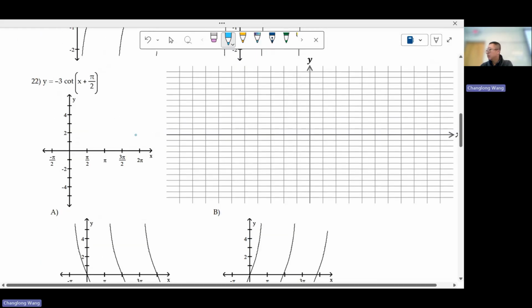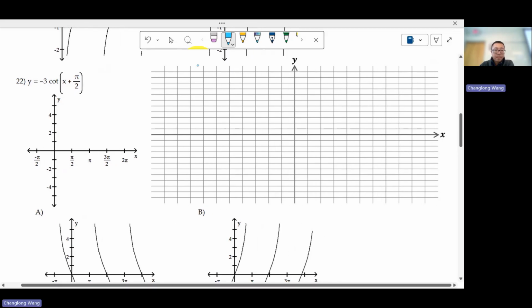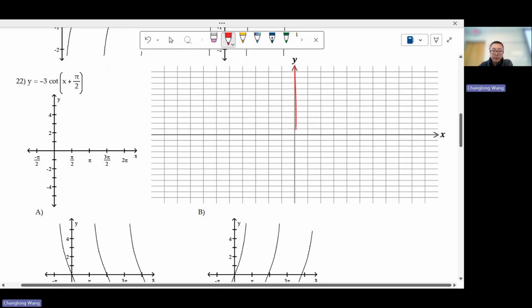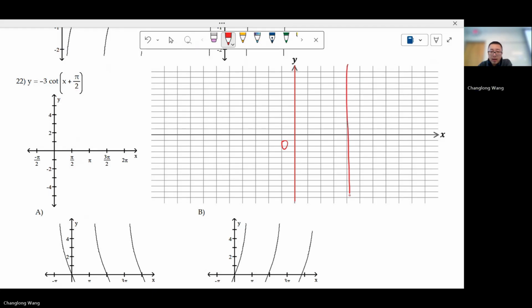All right, so let's see about a cotangent graph. So the cotangent will be in between 0 and pi, right? Those are two VAs. And it's going to go from top left going down.